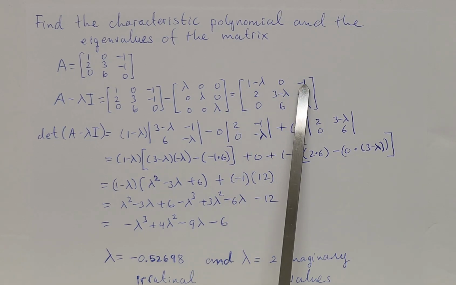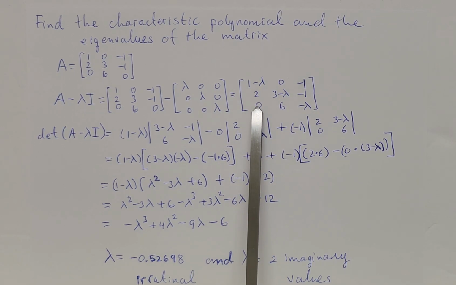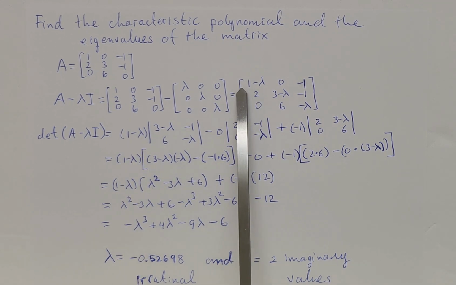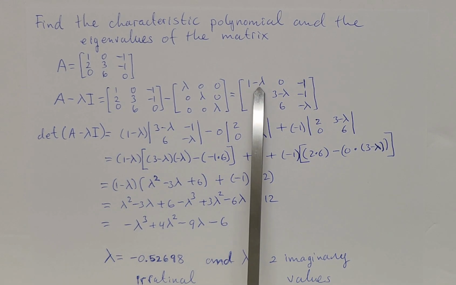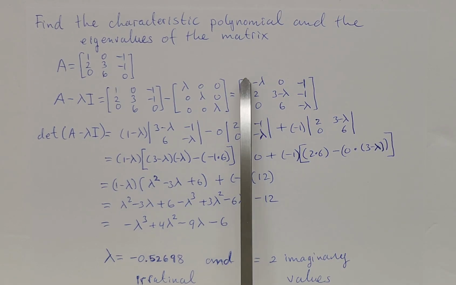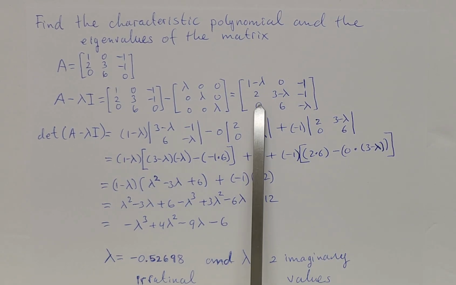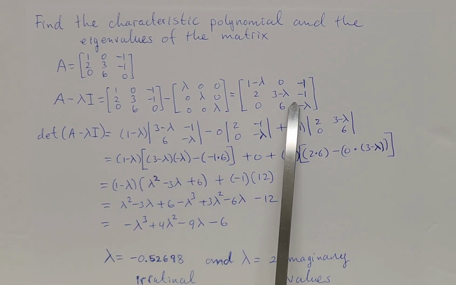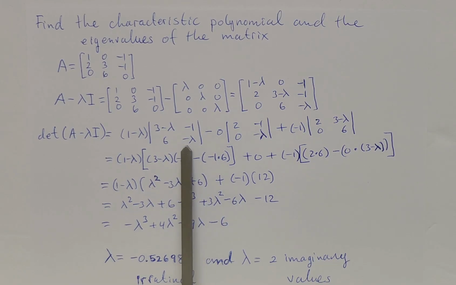One more time, I'm using the first term here. So 1 minus lambda. This row and this column is blocked out. All I have left is just this: 3 minus lambda, 6, negative 1, negative lambda.